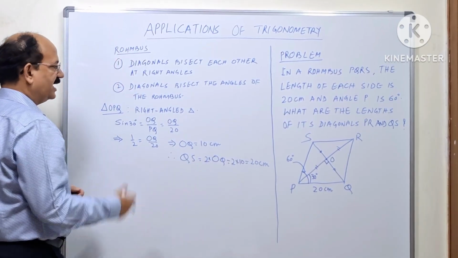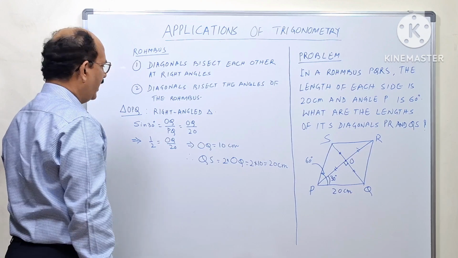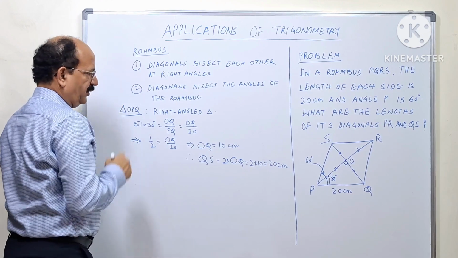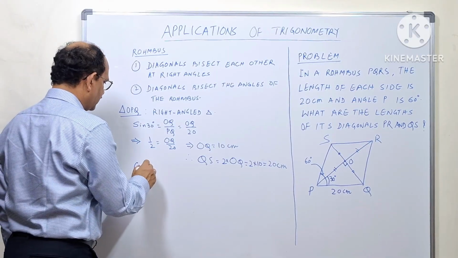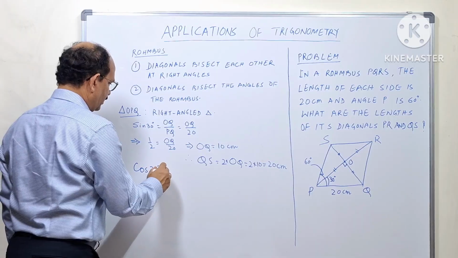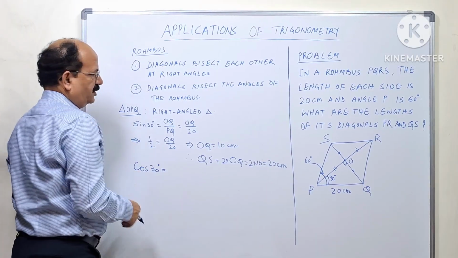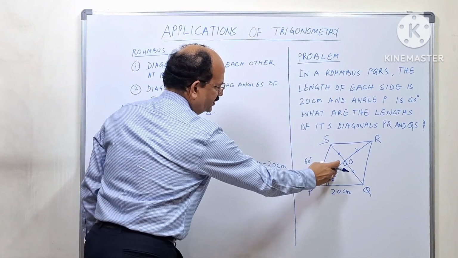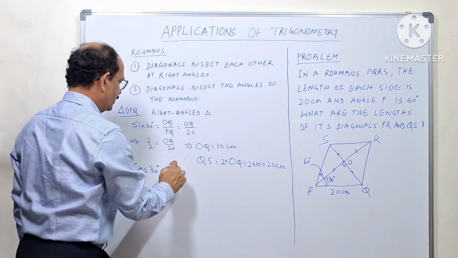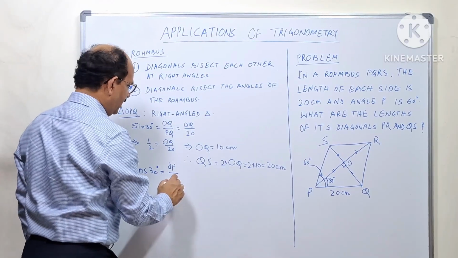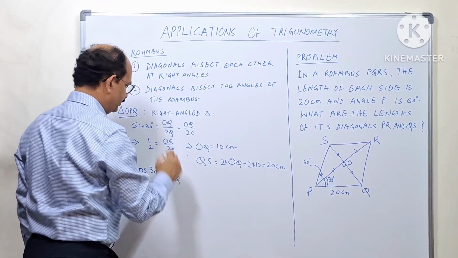Now let's find the second diagonal. To find the second diagonal, we should use the relationship of cos 30, because cos 30 is base, in this case base will be OP, divided by the hypotenuse, which is PQ.